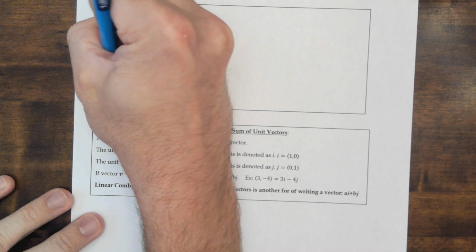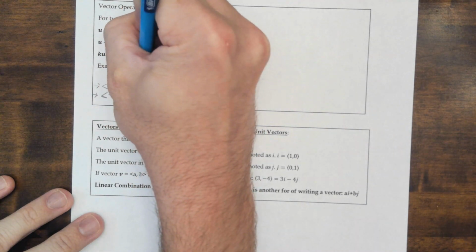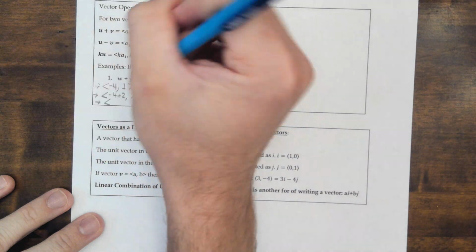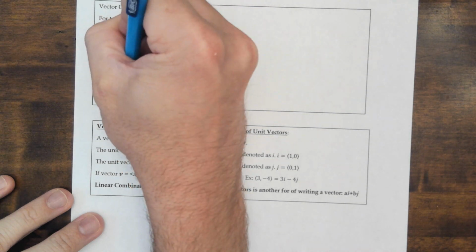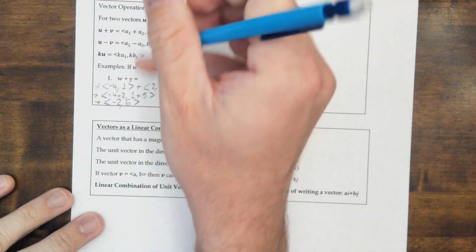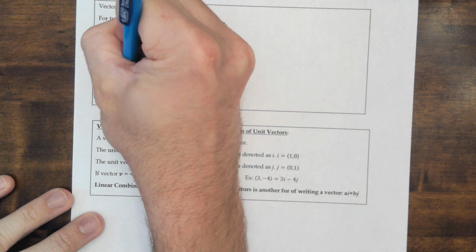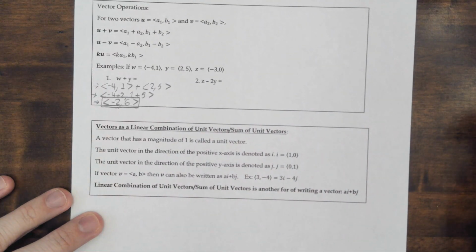So it's going to be -4 plus 2, and then 1 plus 5. And so the component of W plus Y is now just -2, 6. Very simplistic there.